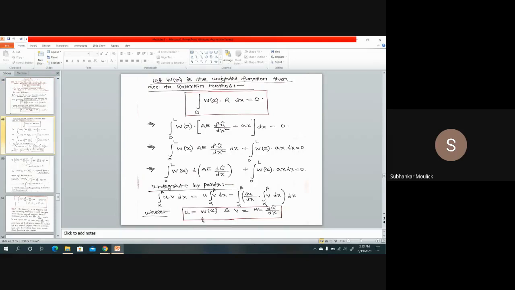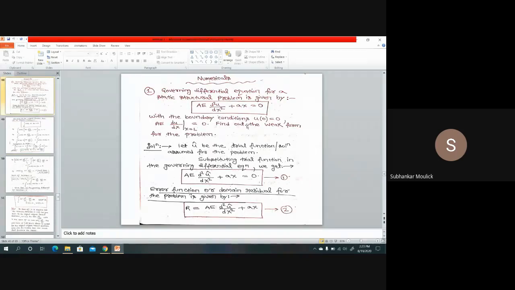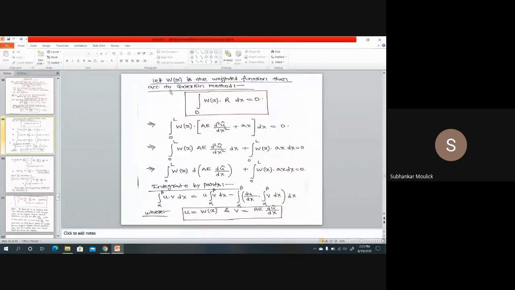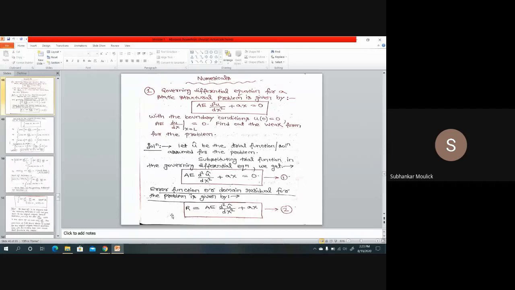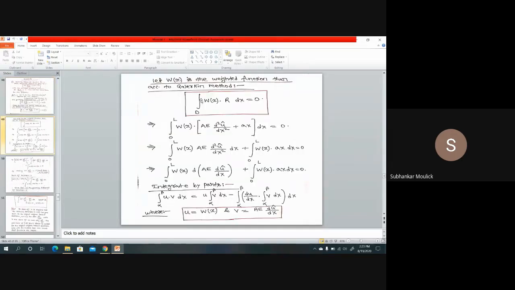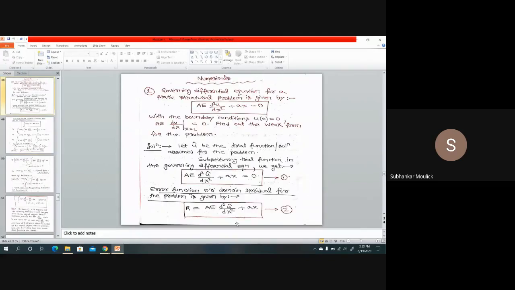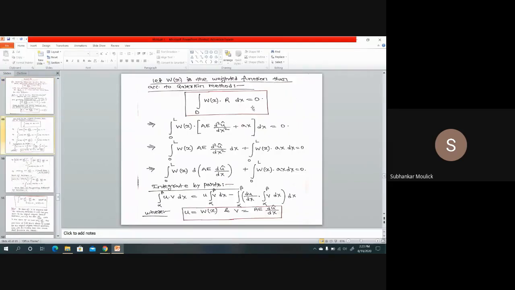Then I have told you in the last class that weak form exists only for the Galerkin method. So I have to minimize this error by the Galerkin method. According to the Galerkin method, you have to integrate the product of the weighted function w of x and the domain residual R, dx, equal to 0 over the entire domain.